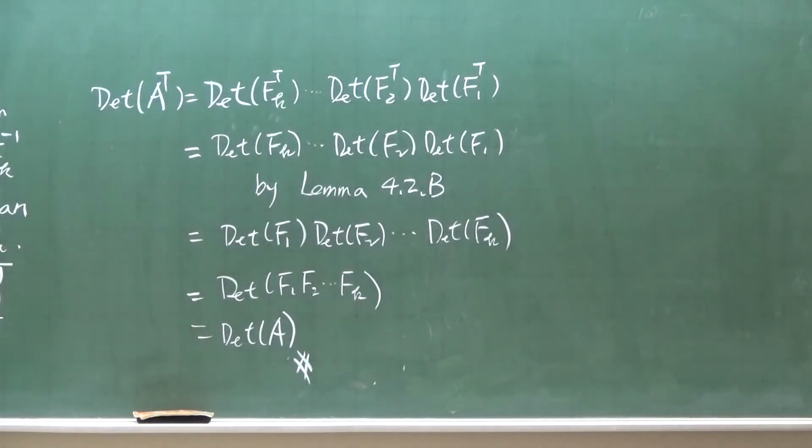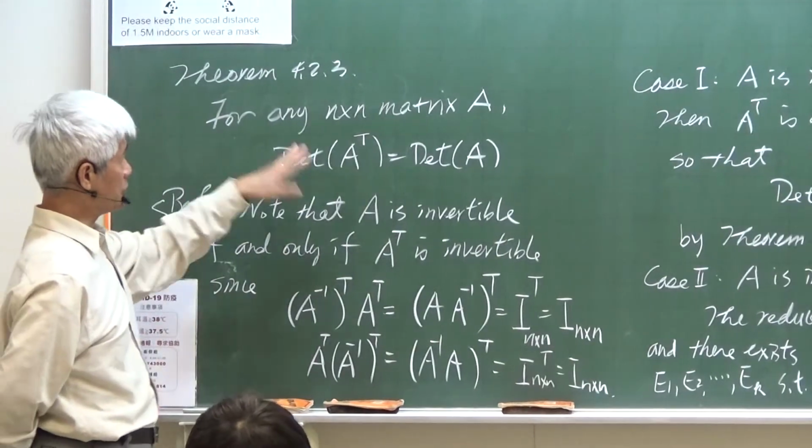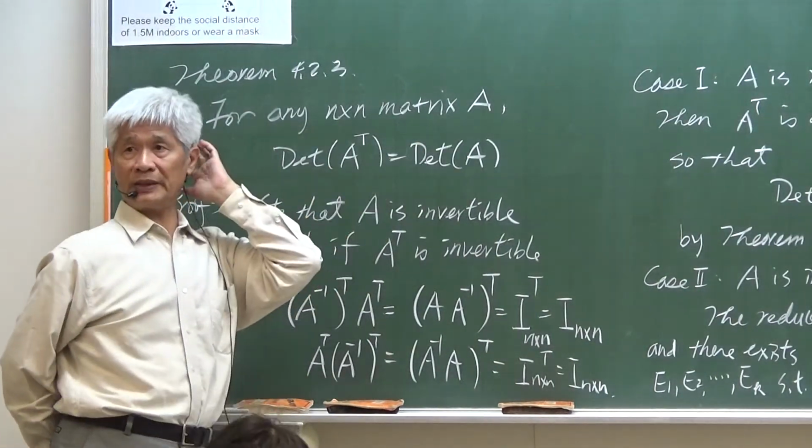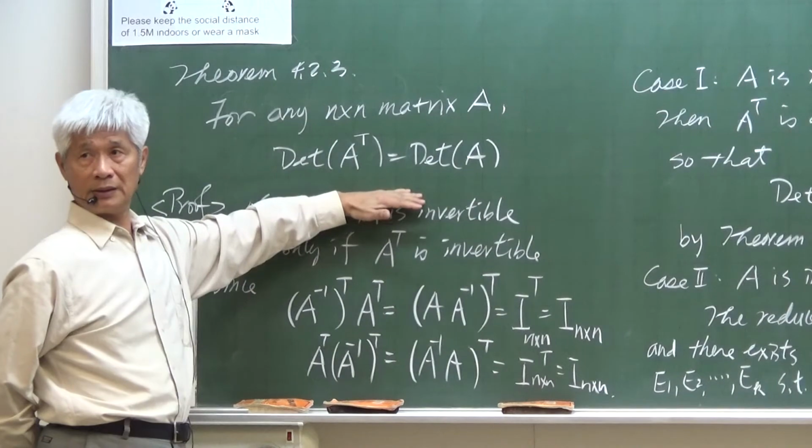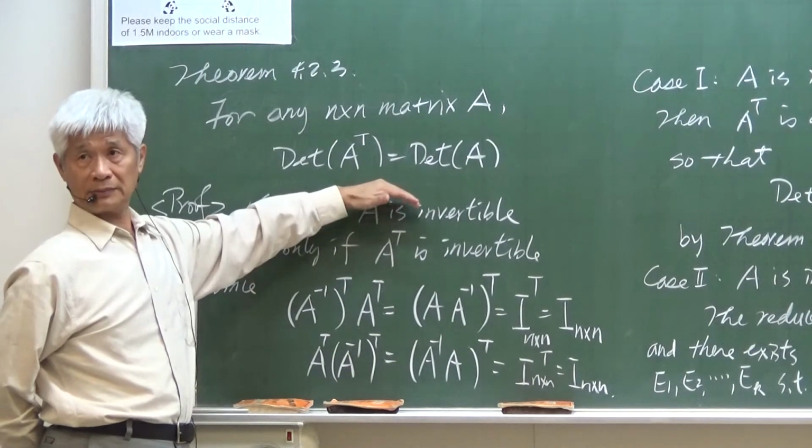So the lemma is a special case of this theorem. Because in that lemma, we show that when A is an elementary matrix, this identity is valid already, right?